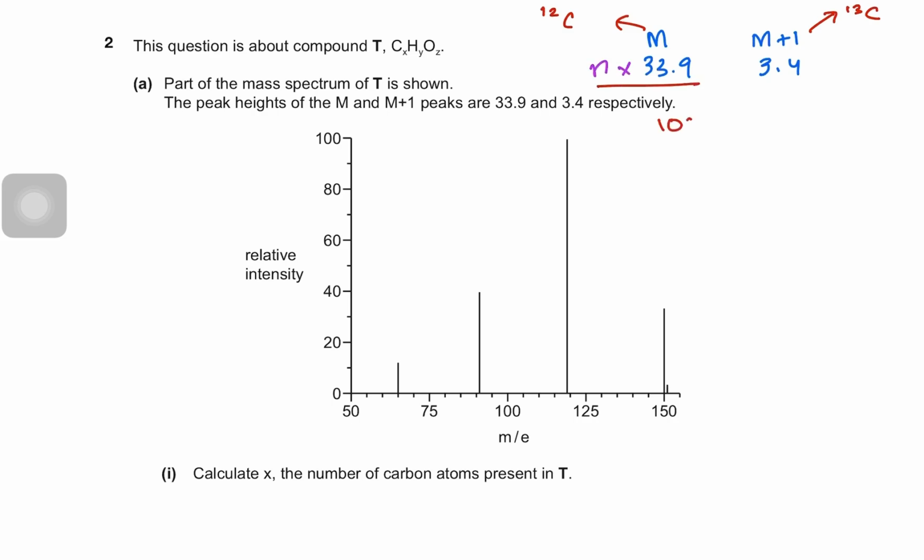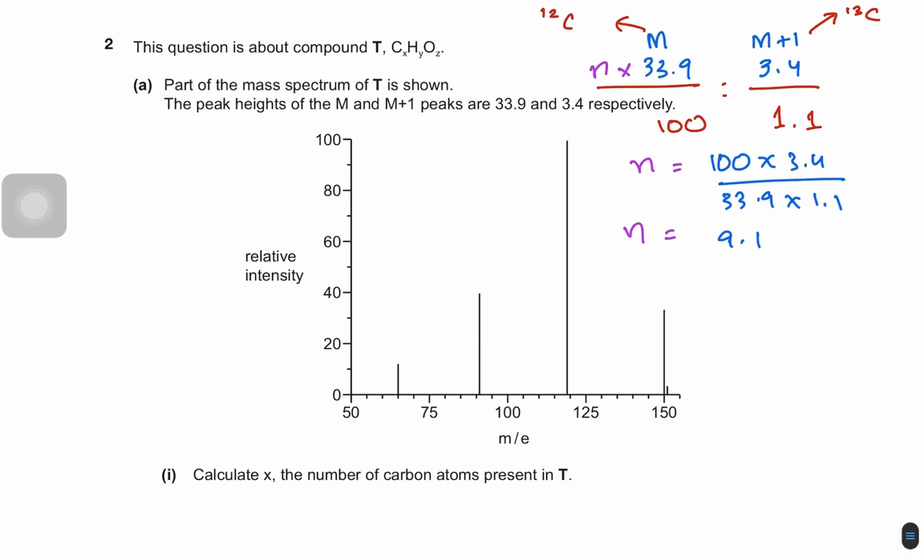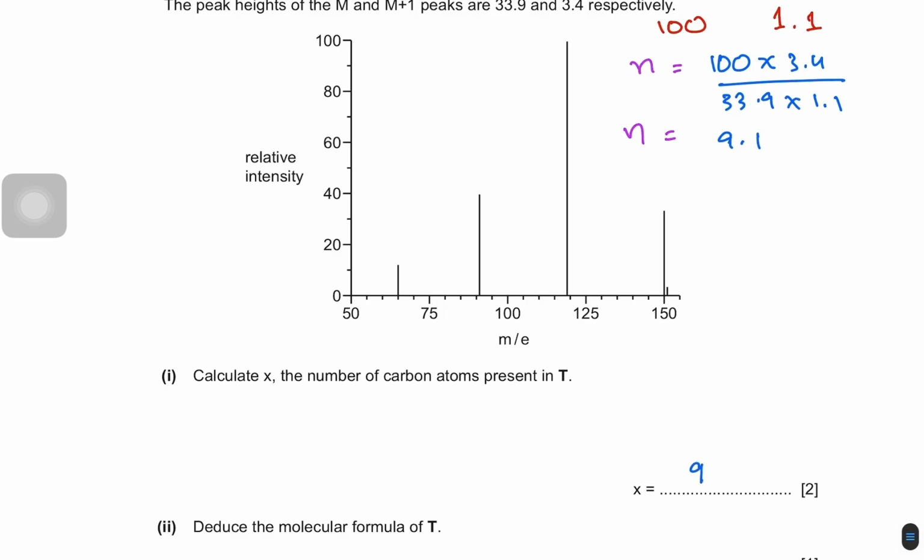Now using the ratio of 100 and 1.1, we can solve for n, the number of carbon atoms in the compound. Doing the basic arithmetic, n turns out to be 9.1ish, which is not a whole number, so we make it 9 carbon atoms.